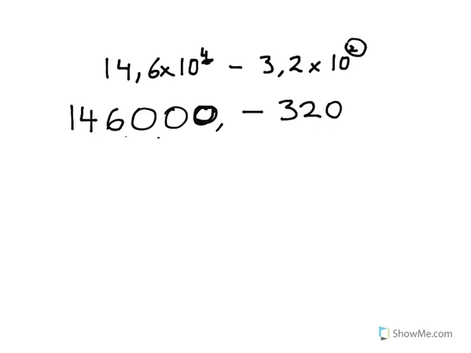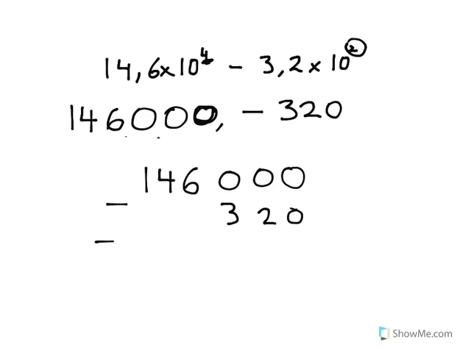So now we've taken it out of scientific notation. Now we're allowed to do the subtraction. So we get 146,000 minus 320. Here we get to practice our subtraction skills, which is great. 0 minus 0, 0. 0 minus 2 we can't do, we have to borrow 1.